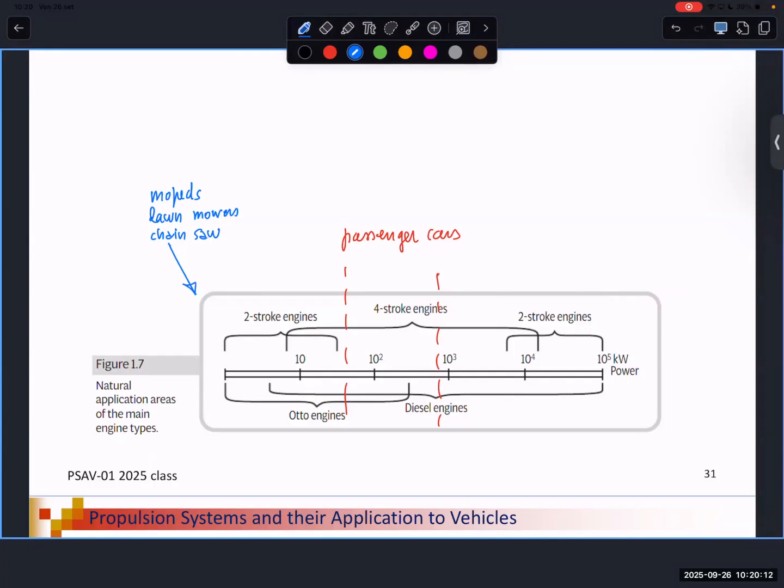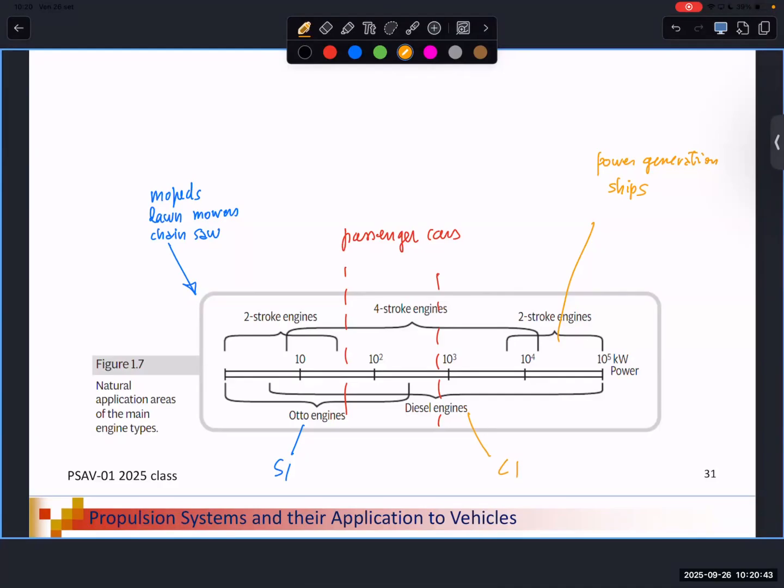Two-stroke, and they are generally spark ignition. While in the high end of two-stroke, I can consider, for instance, power generation in large applications or ships, naval applications. And they are, as is written here, compression ignition.